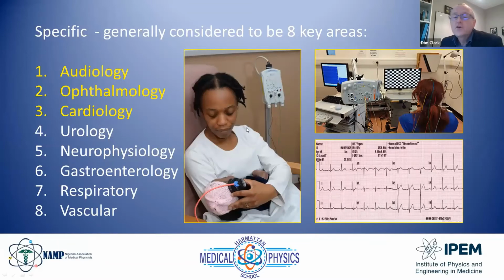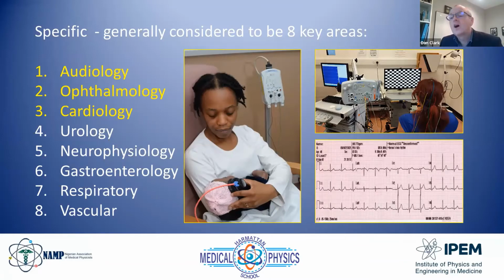But there are a huge number of more specific, more specialized measurements that we would want to make on patients, depending on what we think is wrong with them, and how we're trying to look after them at that time. There are lots and lots, but there are 8 really key ones which have specialist clinics.